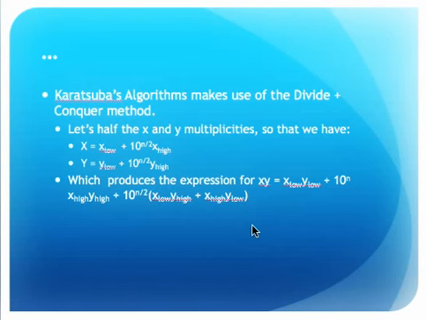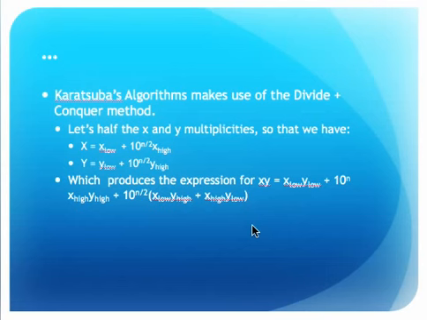You split it into the low part, which would be like 32 bits, and the high part, which is the upper 32 bits or whatever it may be. And the same thing for y. And so now you can multiply using the distributive property, and so on and so forth.